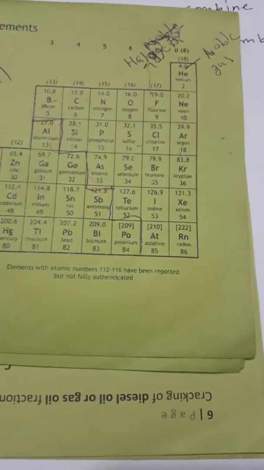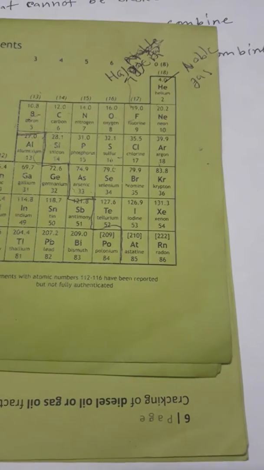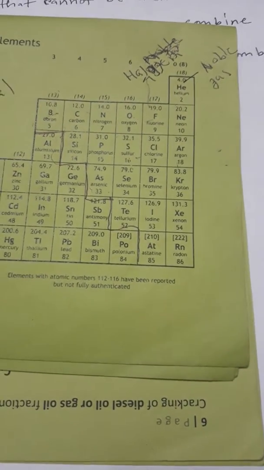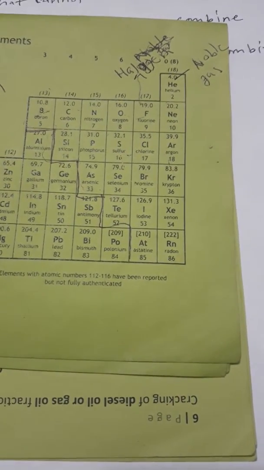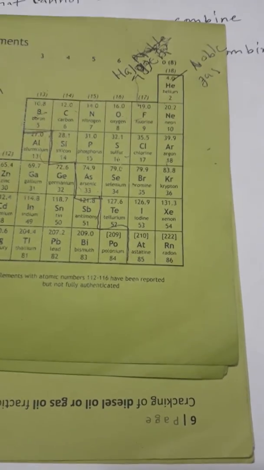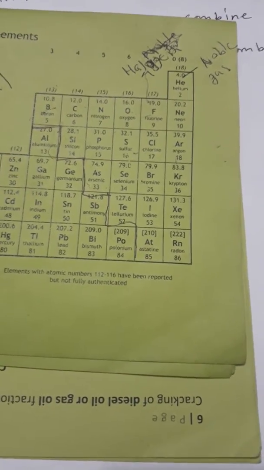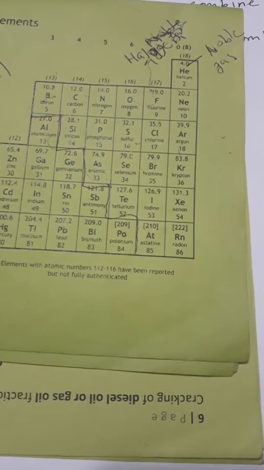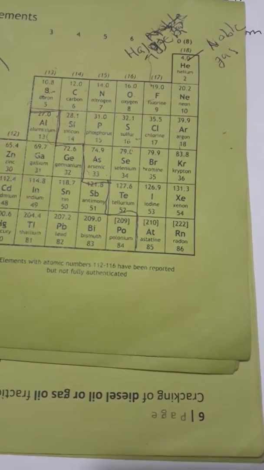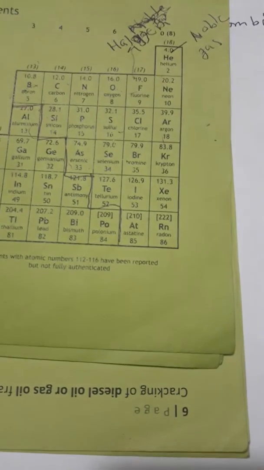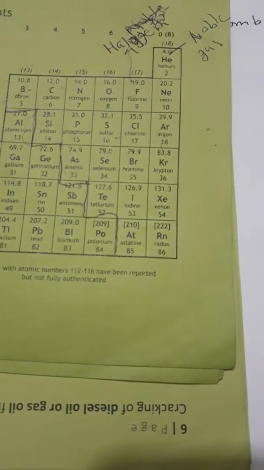That is why group 7 is called halogen, and group 8 is called noble gas. Now we should know that group 8, noble gas, is actually unreactive. That means they don't combine or react with any other elements.